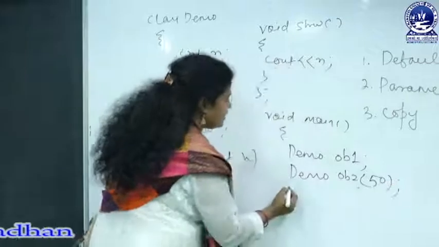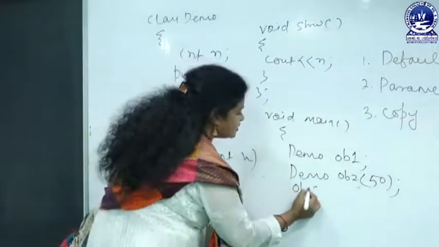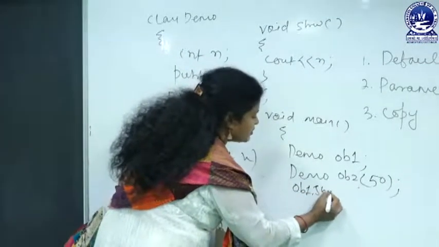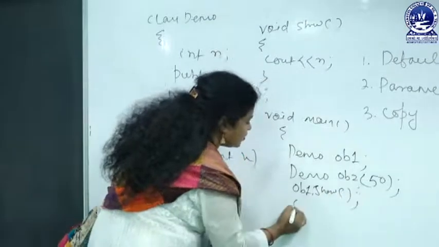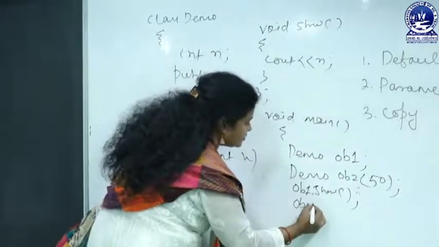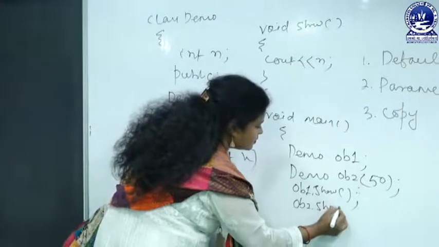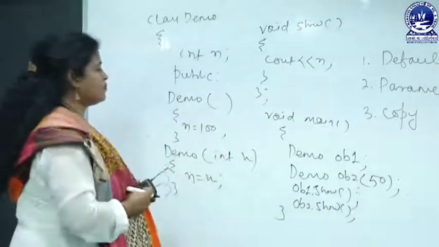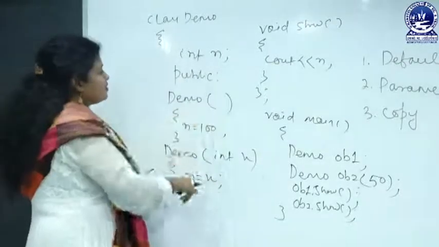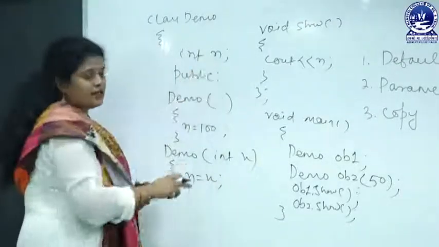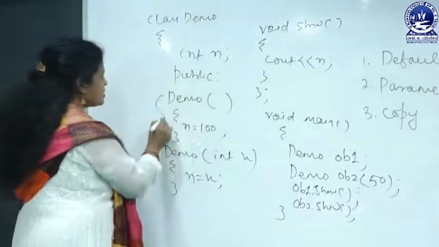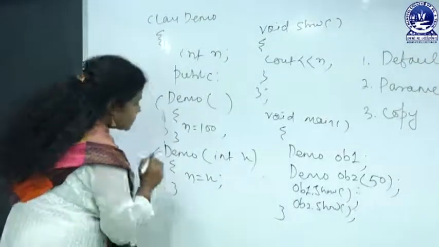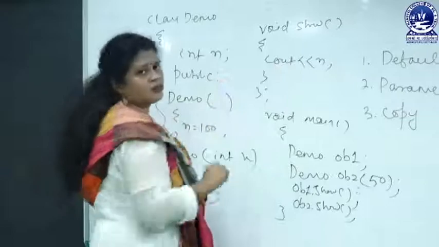Then OB1 dot show, then OB2 dot show. Now let me explain what will happen here. In the class demo, I have used one integer variable, two constructors, this portion is default, this portion is parameterized, and one show method.